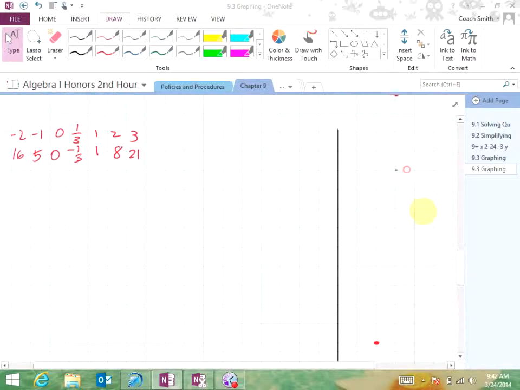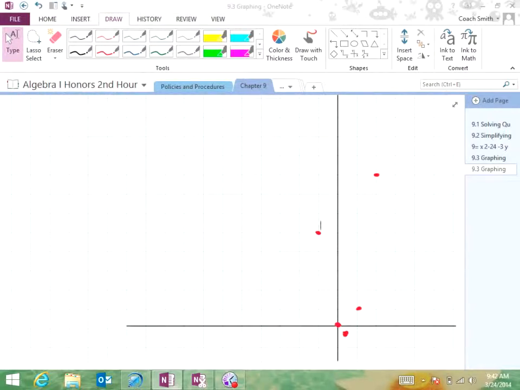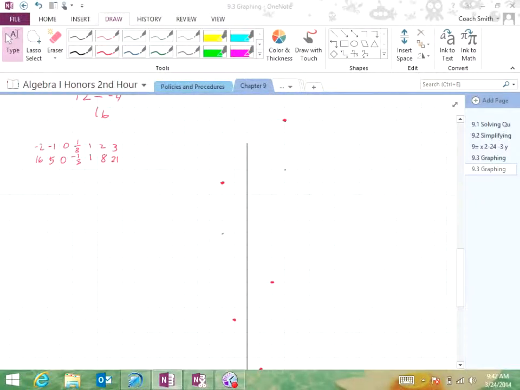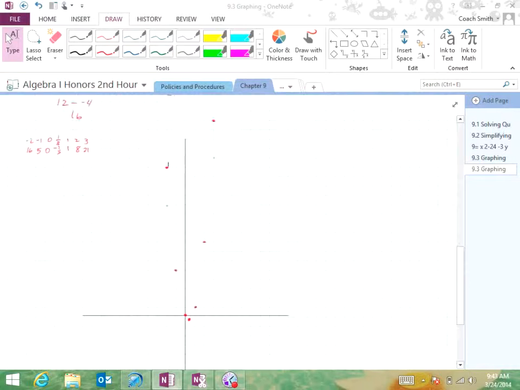Then you have negative 2 and 16. There's that one. It's the same on both sides.